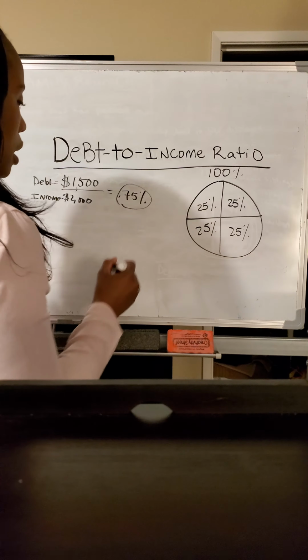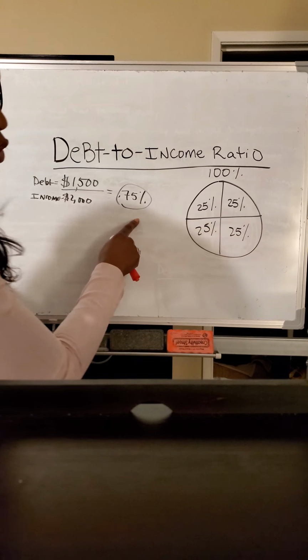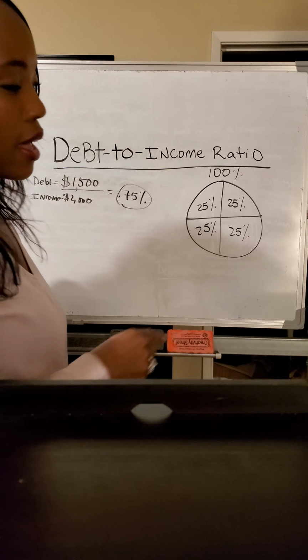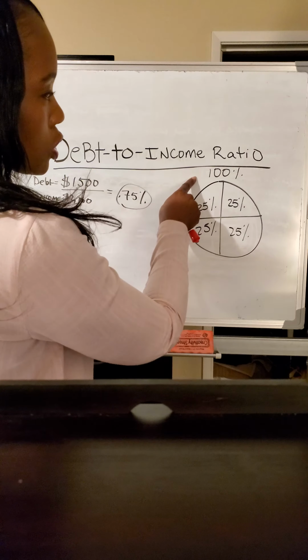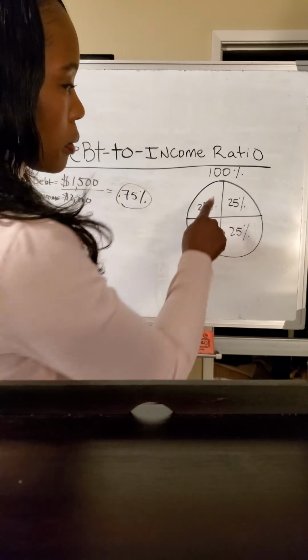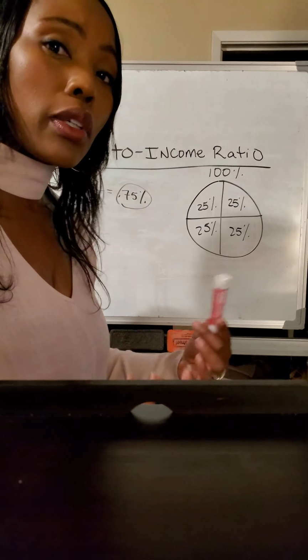Basically what this means is that 75% of your income is going towards your debt. I have this pie chart over here, which is 100% of your income, and it's broken down into 4 quadrants, okay? I'm a visual learner, so I wanted you guys to see this visually.